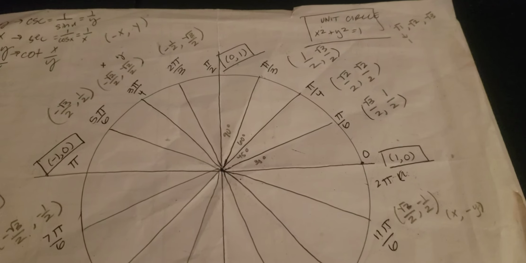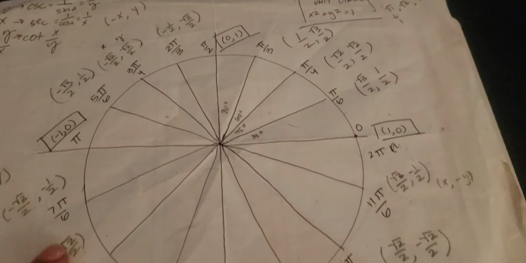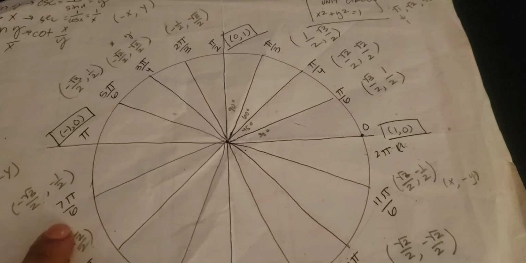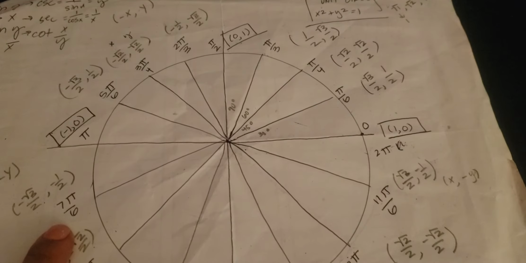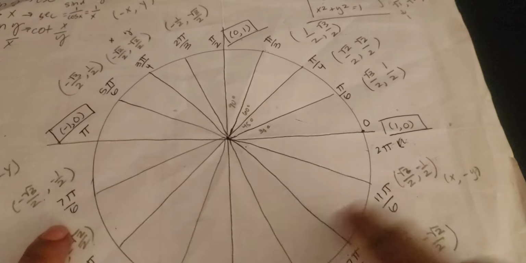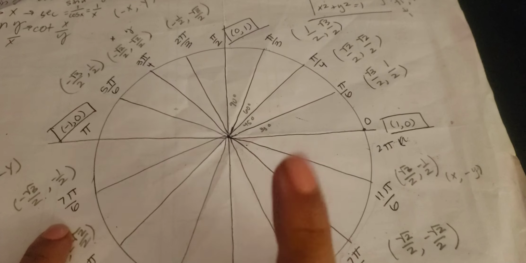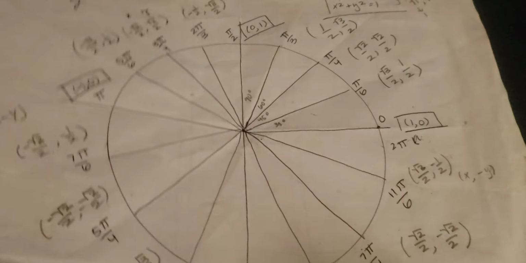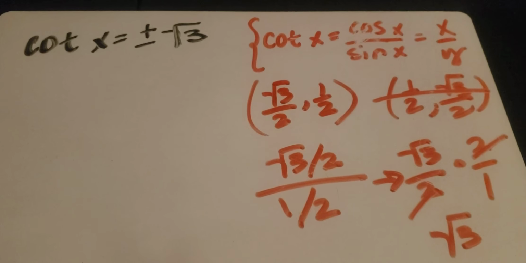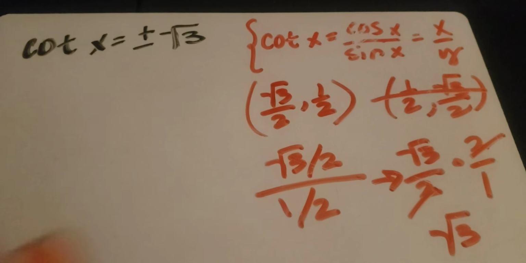It happens again at 7 pi over 6, and then again at 11 pi over 6. That's 4 times in one cycle. But they didn't put any restriction on our cycles, and remember, these are all infinite.